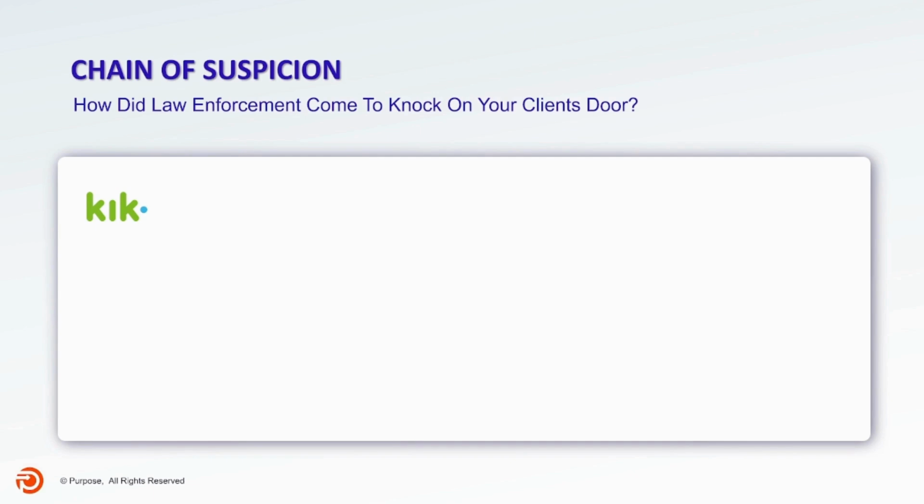There was an account set up, and they contacted Kik, and first of all they got the IP address that connected, which was owned by AT&T. So then they went to AT&T and said, here's the IP address, here's the day and time of these communications, who's the subscriber that used that IP address.